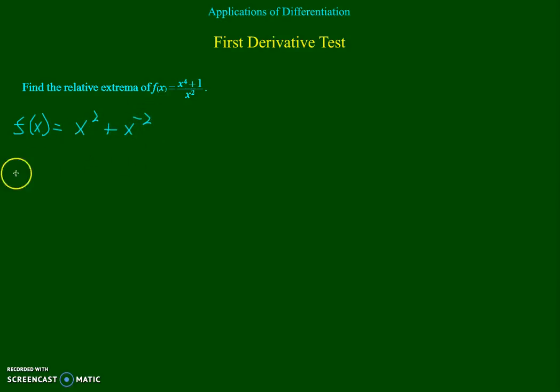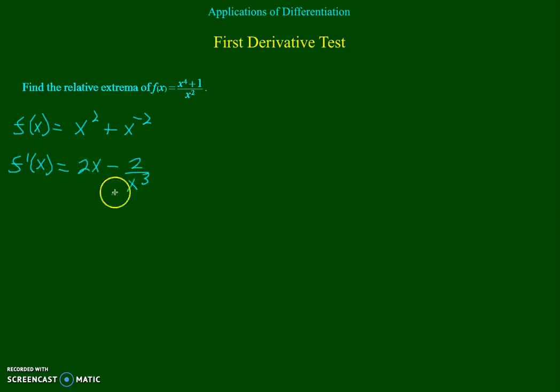And so now we're going to differentiate that. F prime of x is 2x, and this is going to be minus 2 over x cubed.